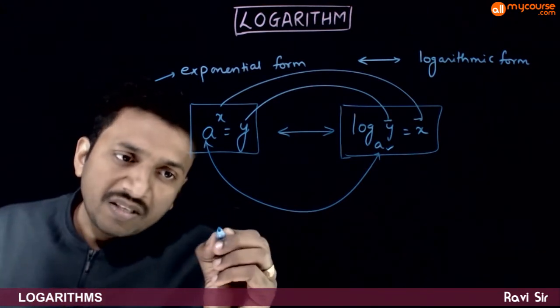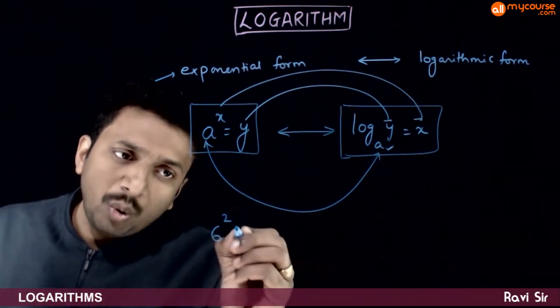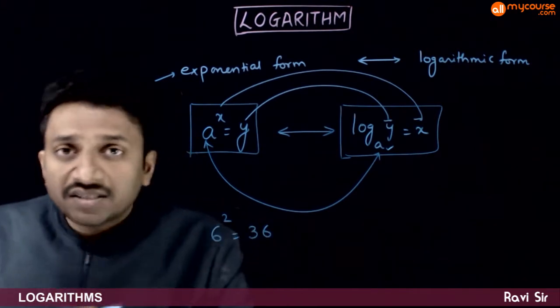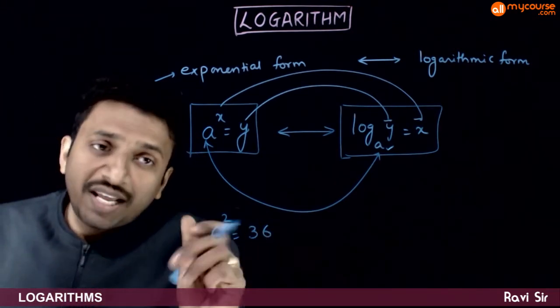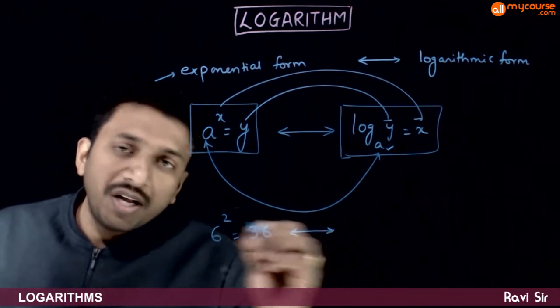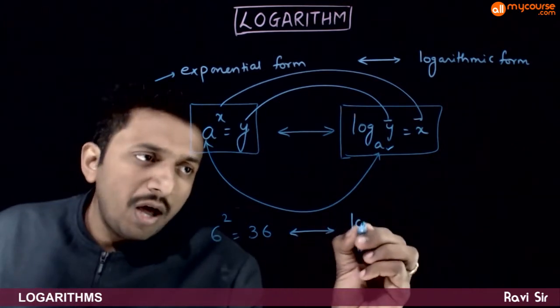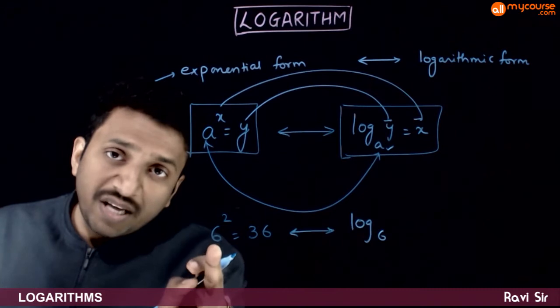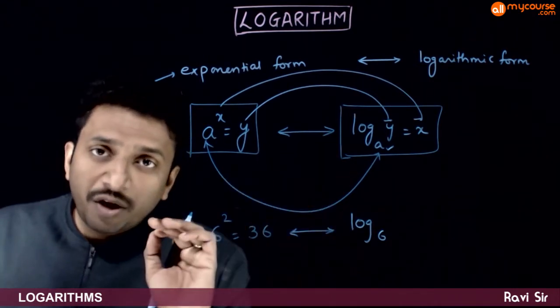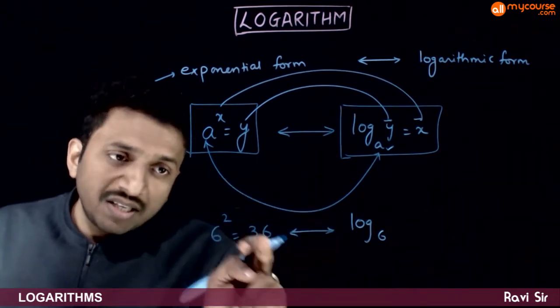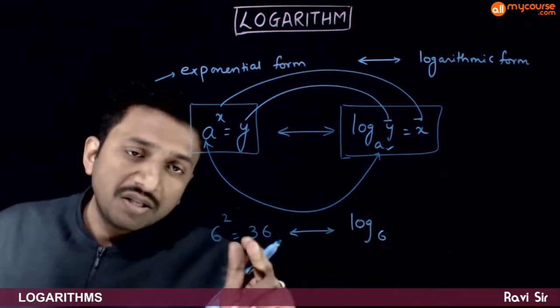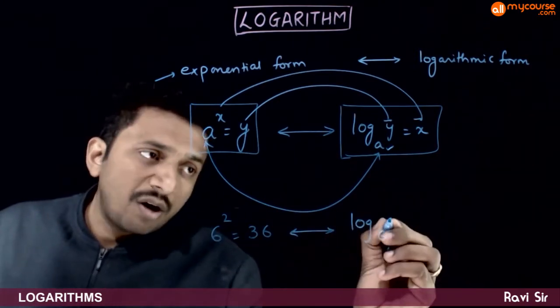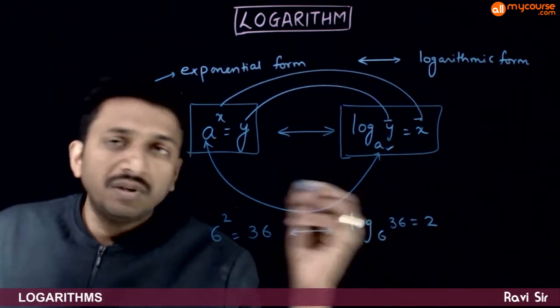If 6 power 2 is equal to 36, if this is the equation in exponential form, the corresponding logarithmic form is log, this base remains the base of log, this is the base of exponential, this is also the base of logarithm, the base does not change, just these two numbers get exchanged. So log to the base 6 of 36 is equal to 2.